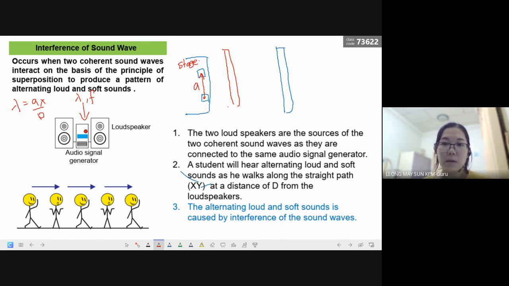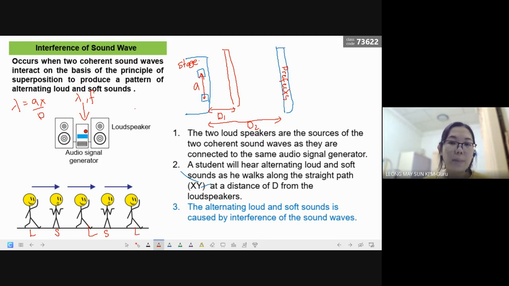When the wavelength is the same, this is D1. Here's where the prefects are standing, and that is D2. What we're going to see is actually loud and soft: here is loud sound, this is soft. So loud and soft, loud and soft.